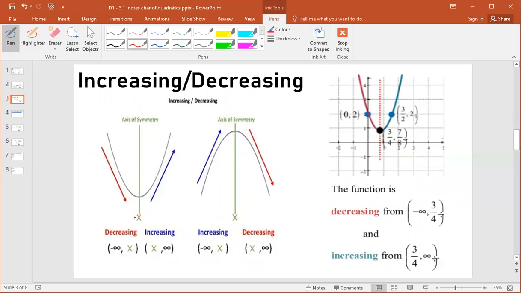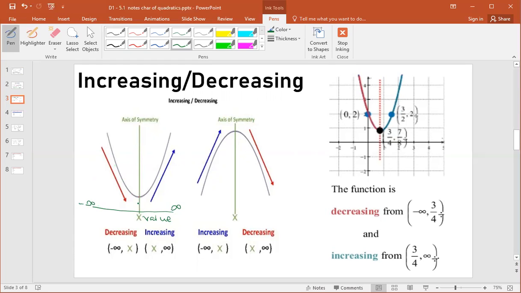And the x value is what we're working on. So if this is negative infinity out here, and this is positive infinity, and this is some value x, somewhere along the line, then this decreases from negative infinity up until that x value.